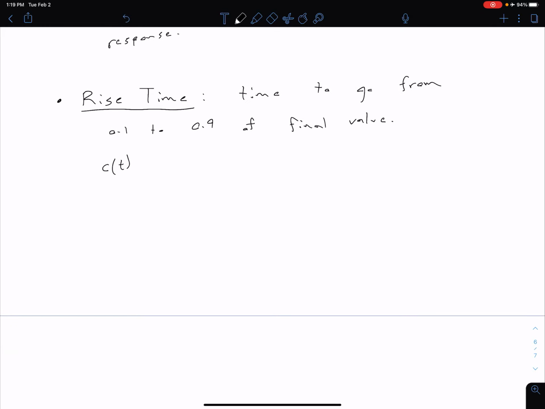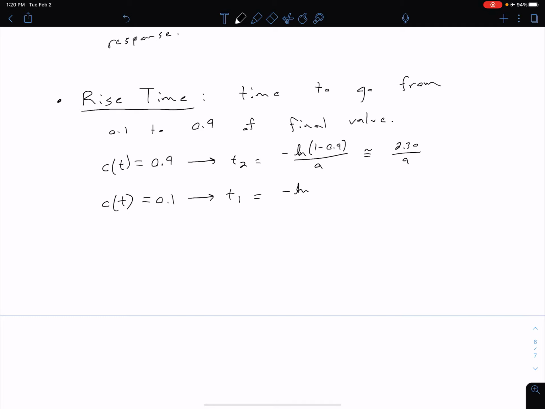So we can say c of t set equal to 0.9, and then solving for t2, we see that it is negative log of 1 minus 0.9 divided by A, and evaluating that we get approximately 2.30 divided by A. Similarly, if we set c of t equal to 0.1, we can call that t1, because that's of course going to happen sooner. That's why I'm calling that t1.